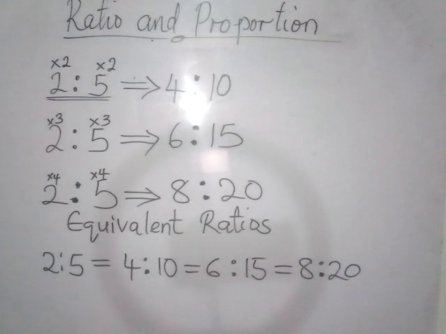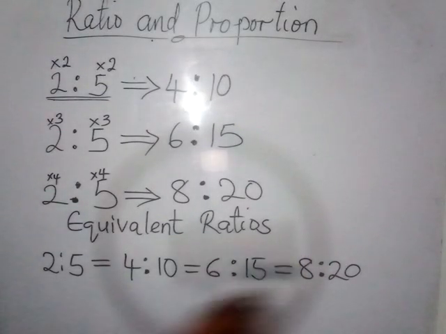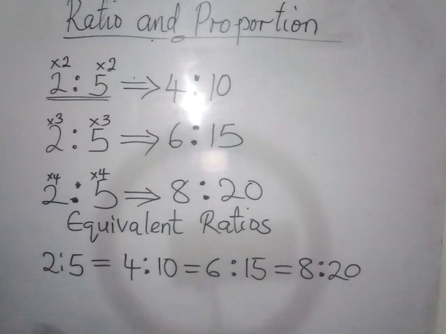So all these ratios shown here are all equivalent ratios. So all you need to get your equivalent ratio is either you multiply the ratio by the same number or you divide them by the same number.